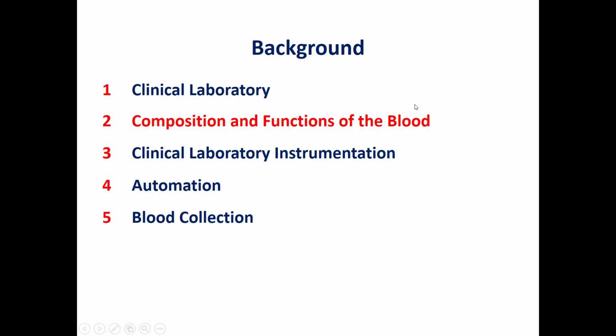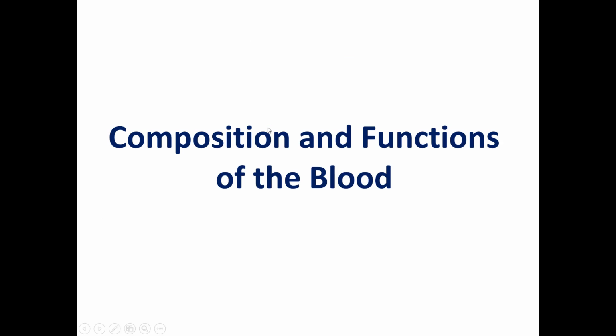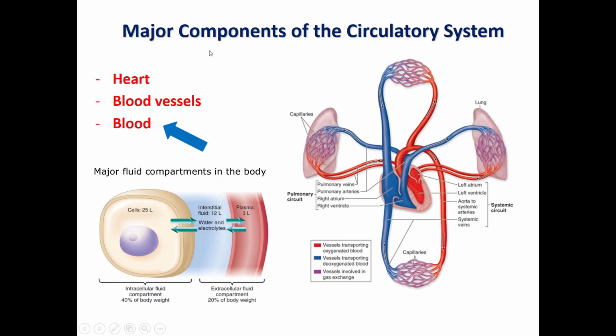The blood is the most important and most used sample to study the patient condition. So now we'll talk about the blood, its composition and its function. The major components of the circulatory system, as we know, are the heart, the blood vessels, and the blood.